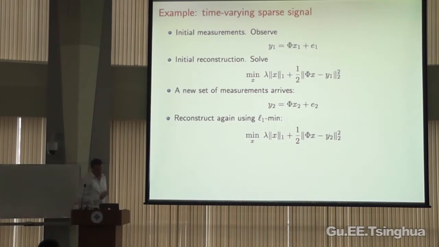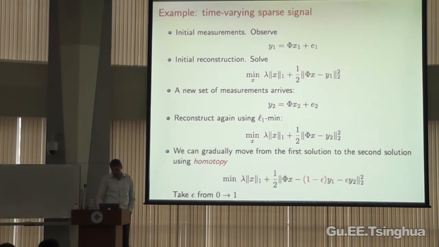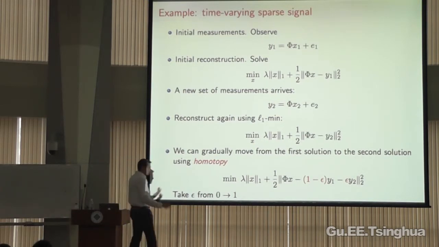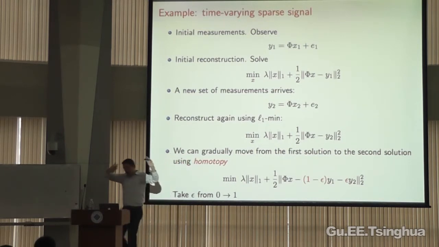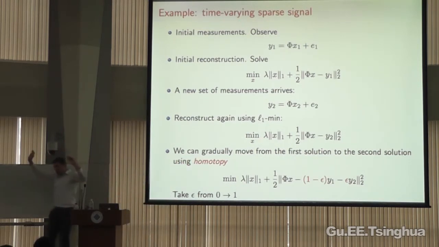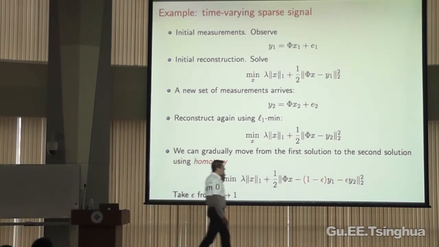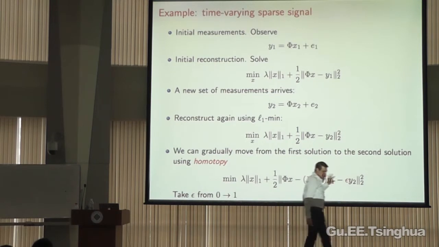So here's one nice thing you can do, and this is actually almost the same trick you can play in all of these things. You can do something called homotopy. Homotopy is a general word used in mathematics where you map one solution into another solution. And as the problem changes, you track the path of the solution from one to the other. So let me explain in this context. I just look at this optimization program for all epsilon between 0 and 1.